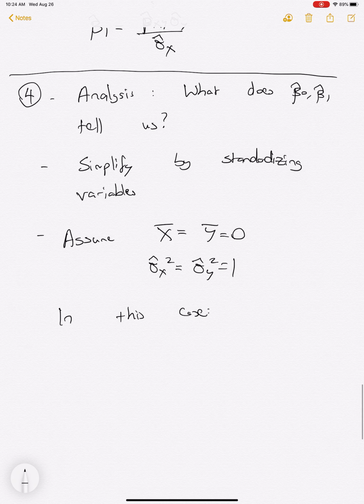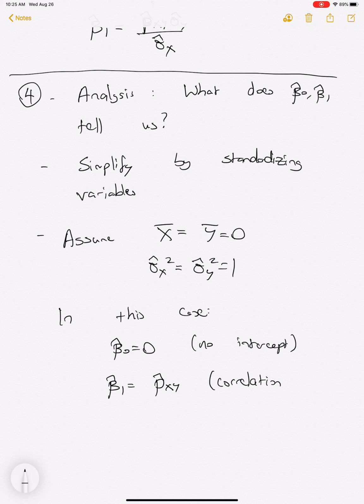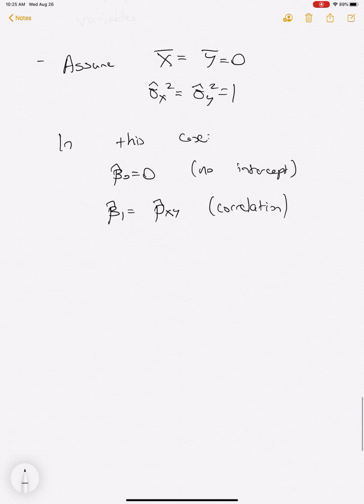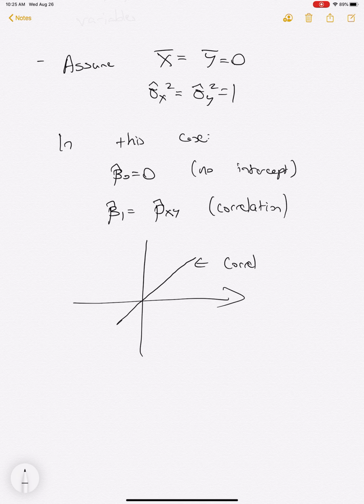In this case, we get that beta hat 0 is just 0, so no intercept. And then we also get that beta hat 1 is equal to rho hat xy. This is just the sample correlation. So the line you get here is something you may have heard called the correlation line.